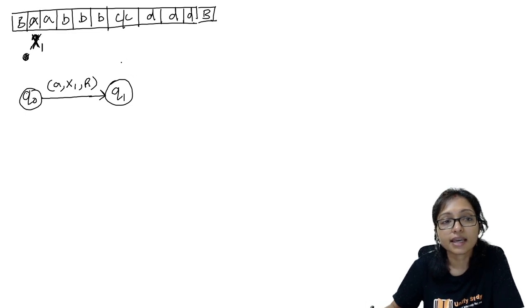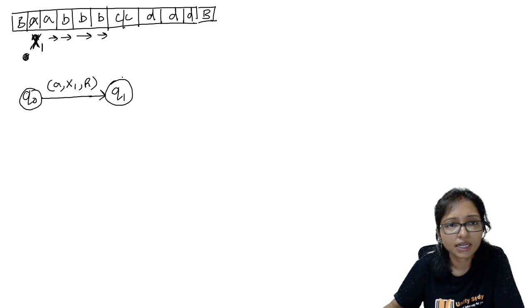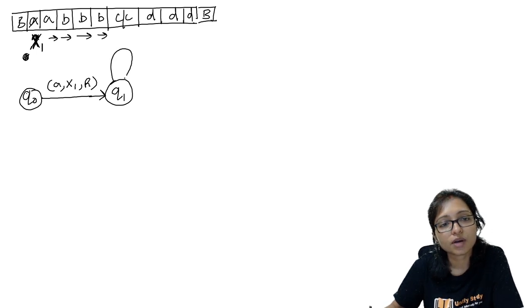After that, on the way you get many a and b, leave them as they are. So what will happen? If I get a, leave a as it is and go to the right direction. If you get b, leave it as it is and go to the right direction. Whenever you get c, what to do?